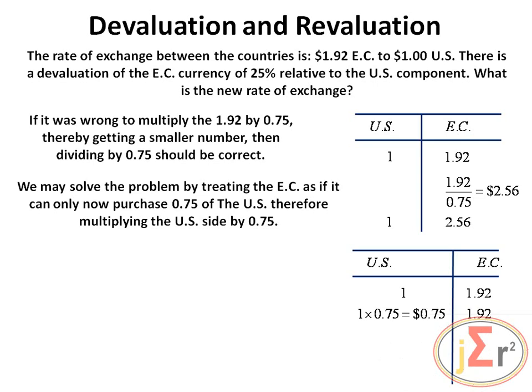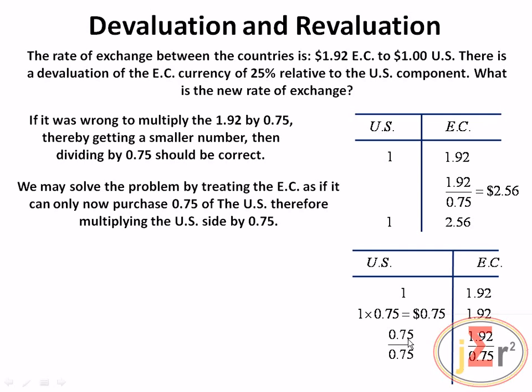And now what we have, 75 cents to $1.92. So in order to return the rate to what it was before, not necessarily in value, but in the way that it was represented, $1 on the US side and others on the EC side. So the US side must always have $1. We are going to do that by dividing the 75 cents by 75 cents again.